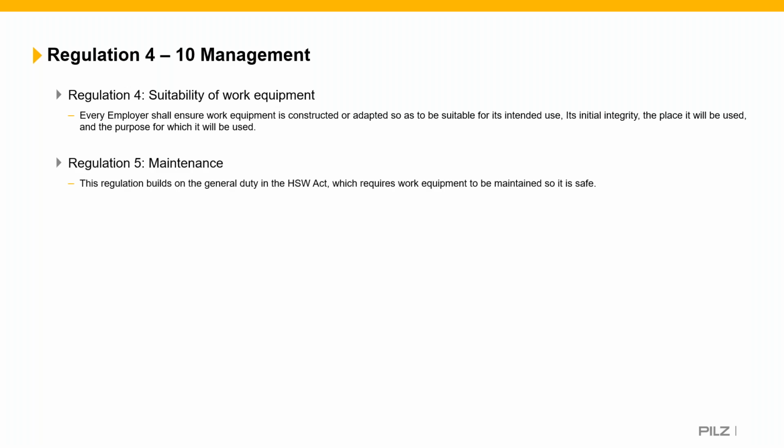Regulation 5 covers maintenance, and it builds basically on the requirements from the general duties under the Health and Safety at Work Act. It talks about frequency of maintenance, and states that a fault in a safety critical system could remain undetected unless appropriate safety checks are included in the maintenance routines.